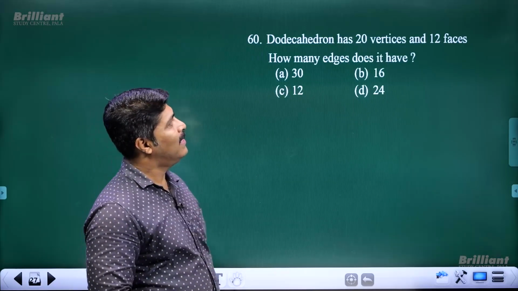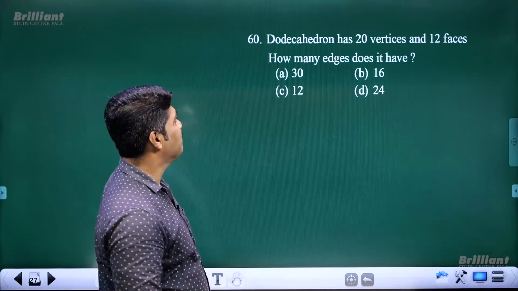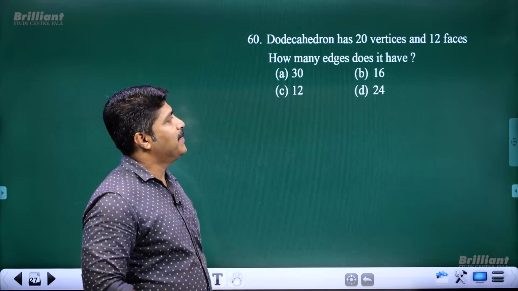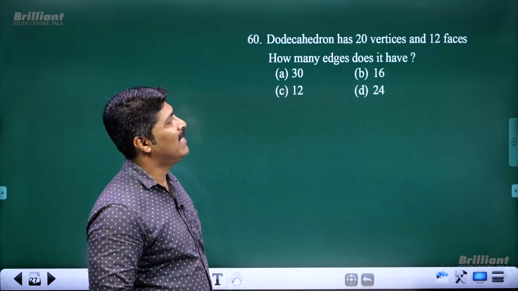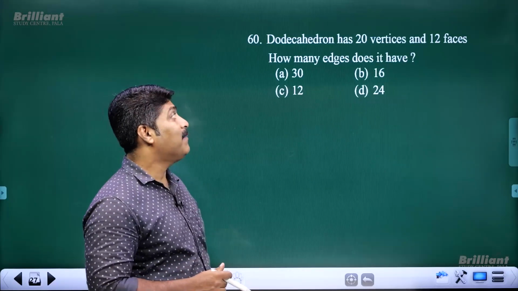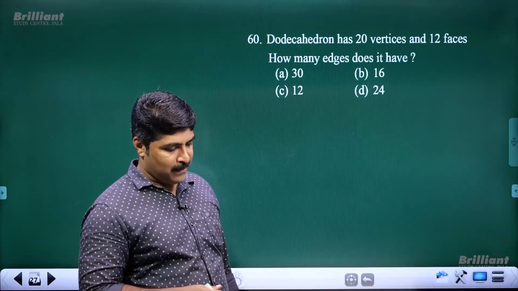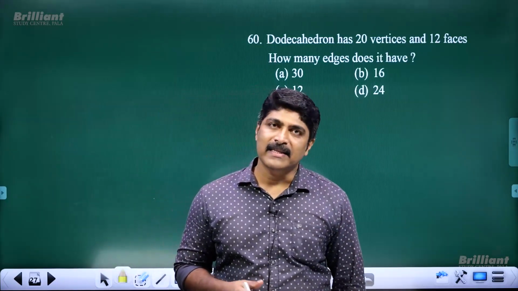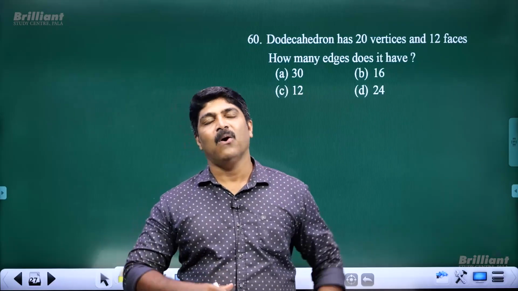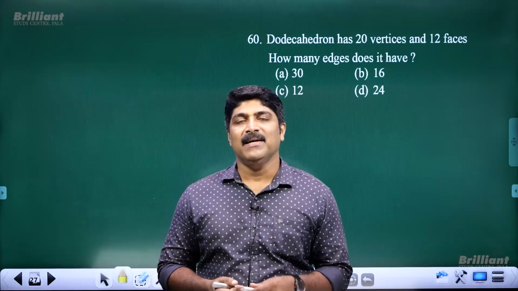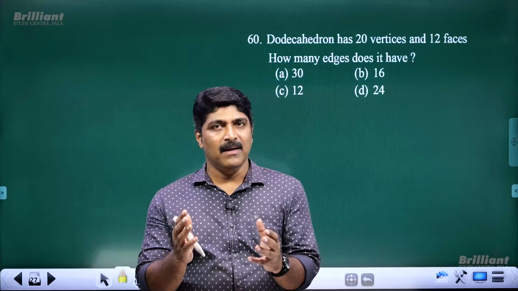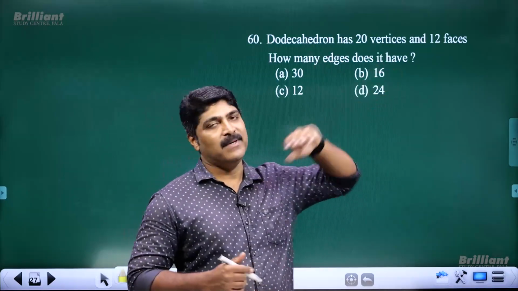Then another interesting question is from geometry. A dodecahedron has 20 vertices and 12 faces. How many edges does it have? Hope you got the idea what this figure is. A dodecahedron is a solid figure which has 20 vertices.